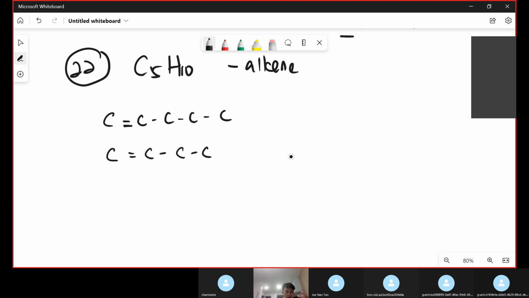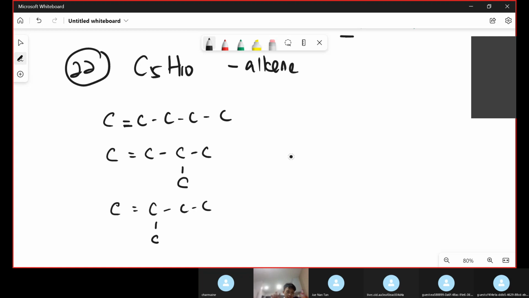So 1, 2, 3, 4 as the main chain, then one carbon as a side chain. This is another C5H10, also no cis-trans. Then the carbon can move one more, next to the C=C, so we can have another structure like this. No cis-trans.